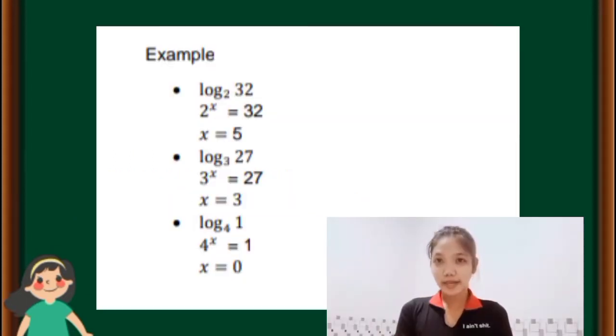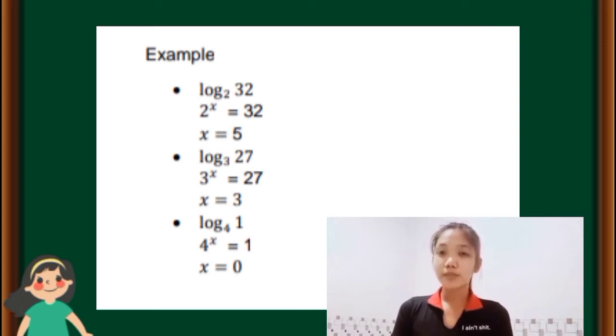So, first example, log base 2 of 32. So, paano natin nakuha yung value na x na 32? Ang gagawin lang natin, ililipat natin yung logarithmic form sa exponential form. So, kukuhanin natin yung base 2, then i-multiply natin siya by itself hanggang sa makuha natin yung value ni x, which is 32.